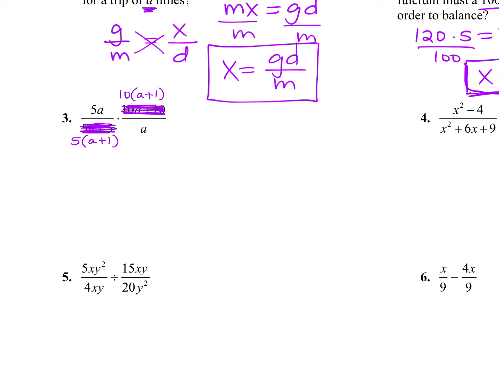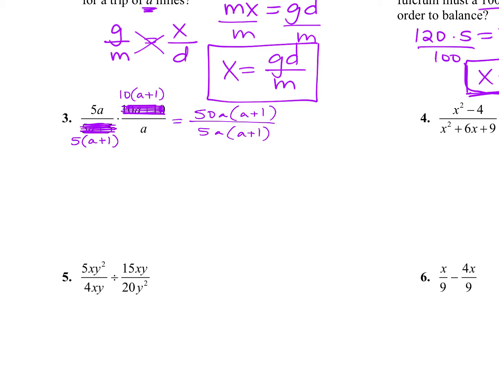You could multiply across. I wouldn't, but you totally can, and a lot of people like to. If you multiply across, you would have 50 times a plus 1 over 5a times a plus 1. So you could do that if you prefer that. I typically just start slashing right away.